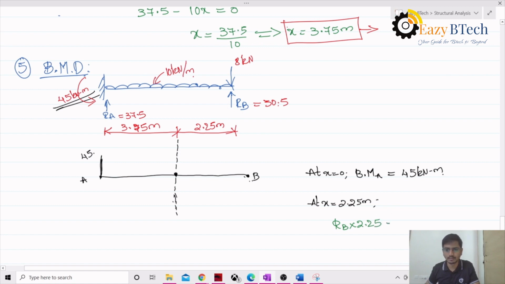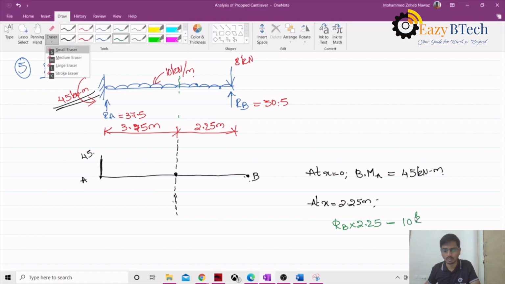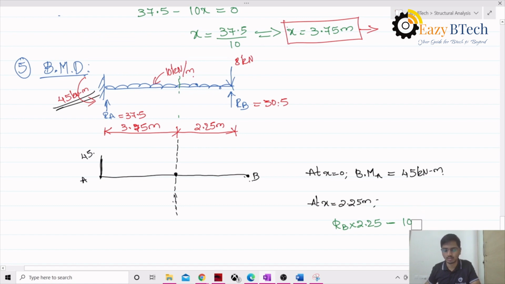Then I have a UDL acting on this, the same thing, 10 kilonewton per meter, so that is 10 into x, this distance, into x by 2, it will be acting at the center of this.